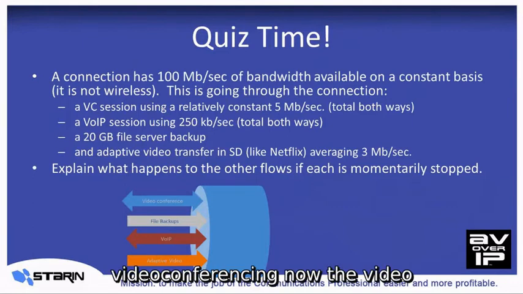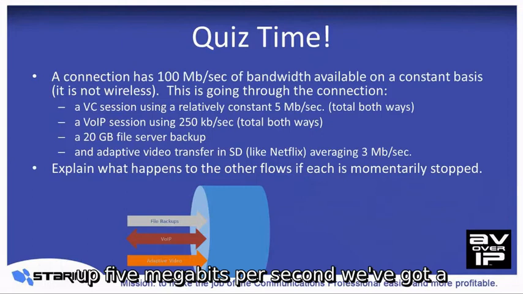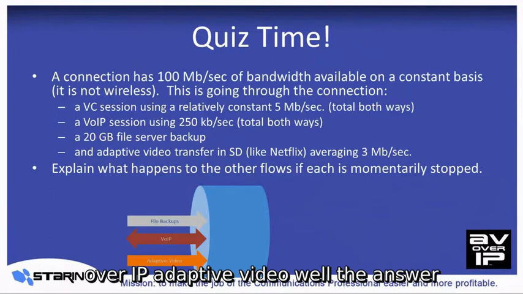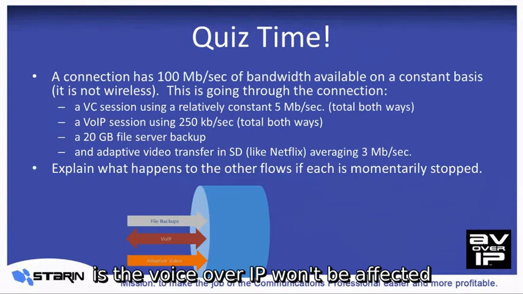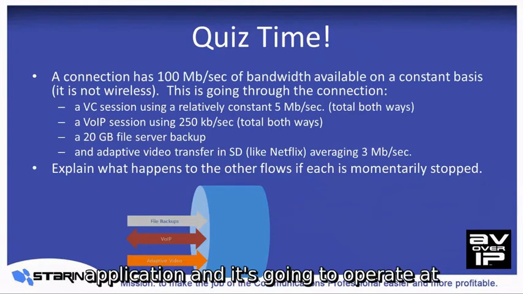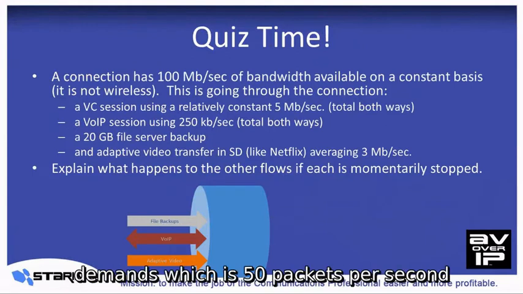Okay, let's take out the video conferencing. Now the video conferencing went away, so we just picked up 5 megabits per second. We've got a file backup taking place. We have voice over IP and adaptive video. Well, the answer is the voice over IP won't be affected at all. In that case, it's a UDP application, and it's going to operate at the rate at which the application demands, which is 50 packets per second.